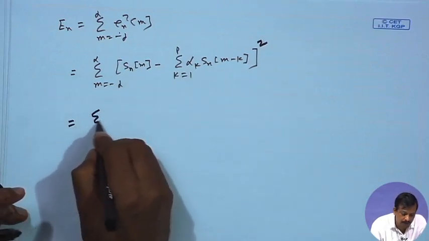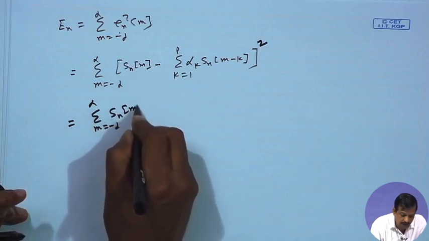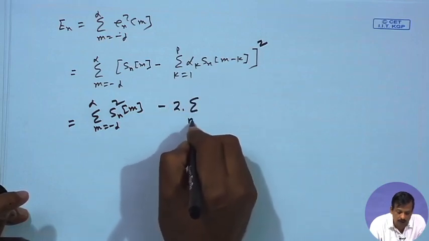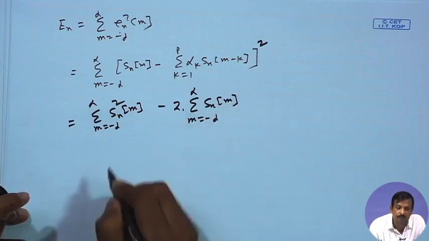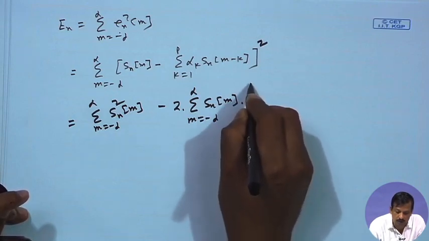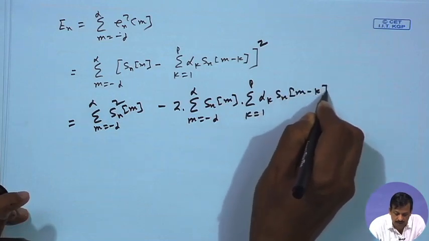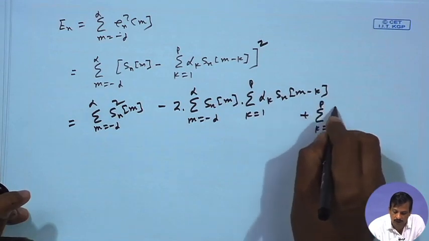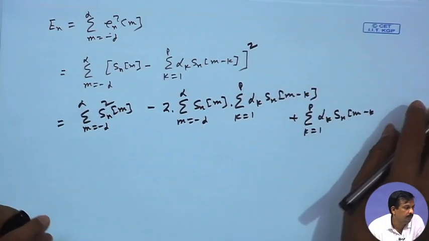So, first the a square term: the sum over m from minus infinity to infinity of s n square m, minus 2 times the sum over m from minus infinity to infinity of s n m into the sum over k equal to 1 to p of alpha k s n of m minus k, plus the square term, the sum over k equal to 1 to p of alpha k s n of m minus k, whole square.